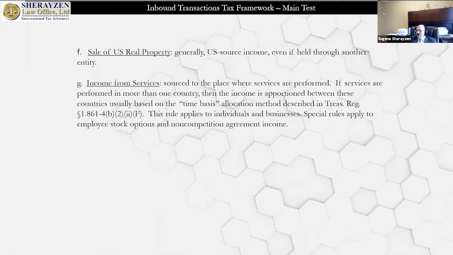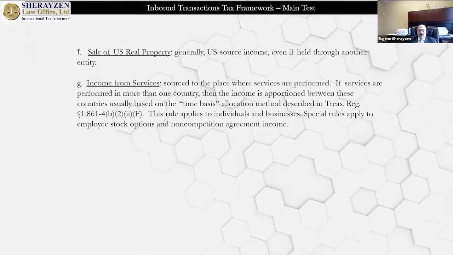Sale of US real property. Generally, US source income, even if this US real property is held through another entity. And then income from services. That is sourced to the place where the services are performed.